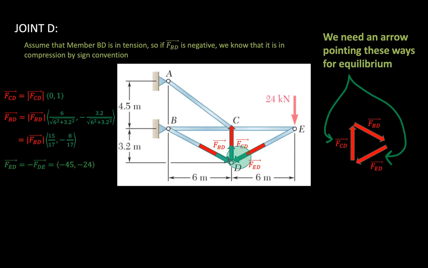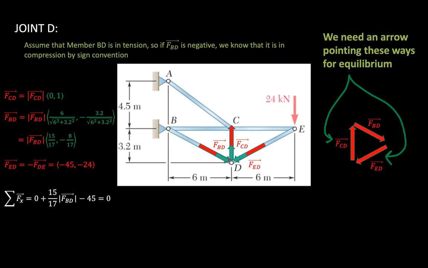And this third unit vector over here is from FDE, except it is the negative of the unit vector along DE.